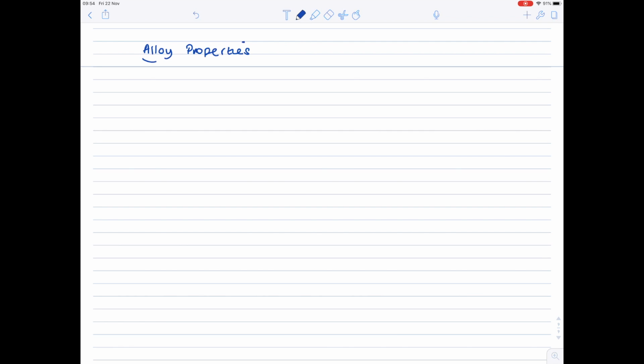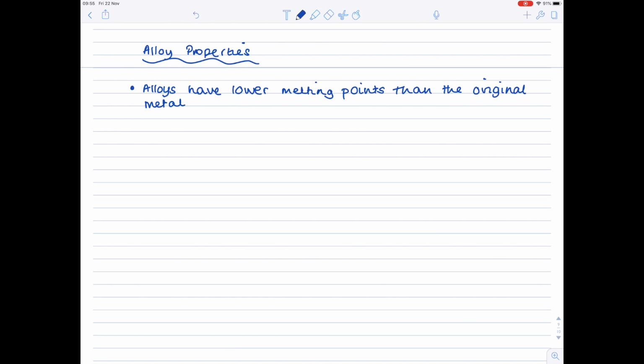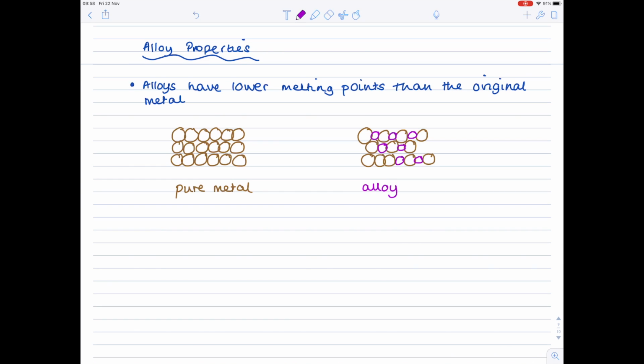Well, you tend to find that alloys firstly have lower melting points than the original metal. And why is that? To look at an explanation as to why alloys tend to have lower melting points, I've just drawn a really simple diagram showing a pure metal. On the left you can see a regular arrangement of atoms, and then an alloy on the right.